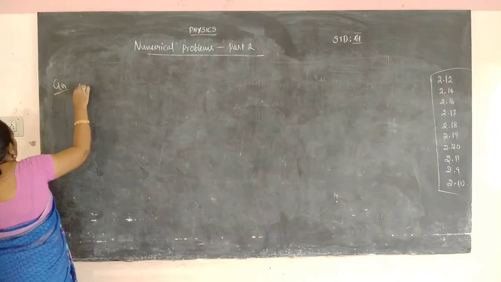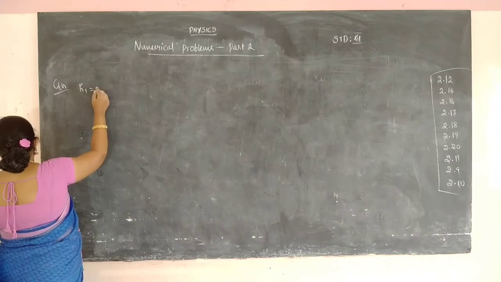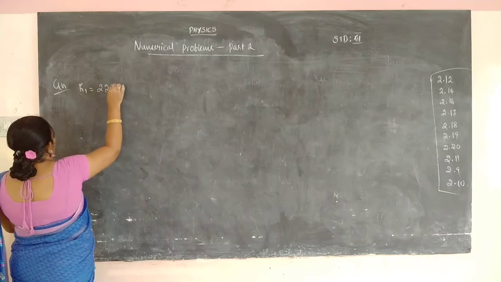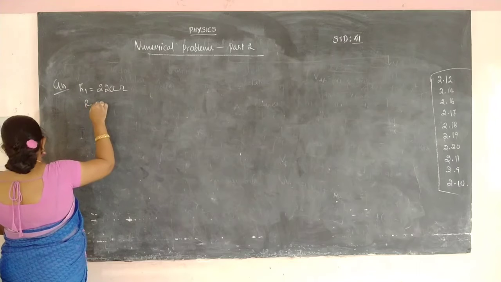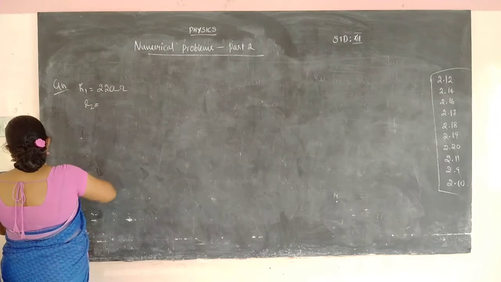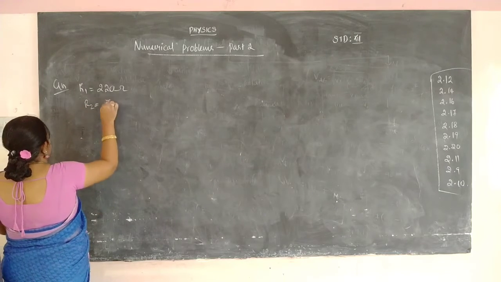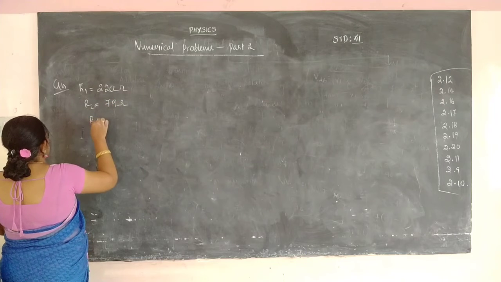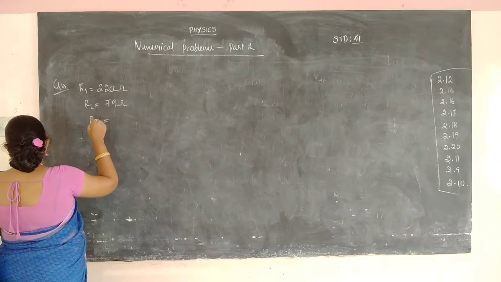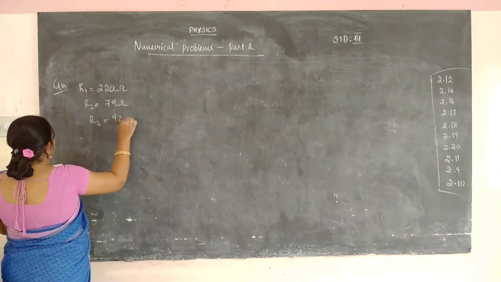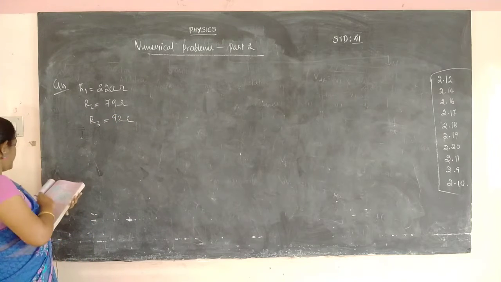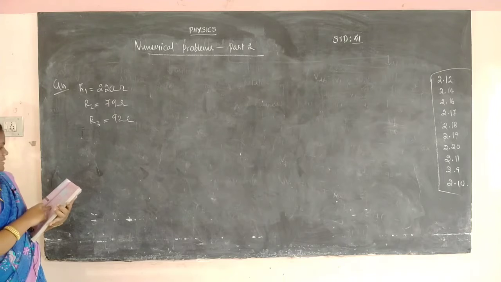Given R1 is equal to 220 ohm, R2 is equal to 79 ohm and R3 is equal to 92 ohm. Okay, R1, R2, R3, 3 resistors.